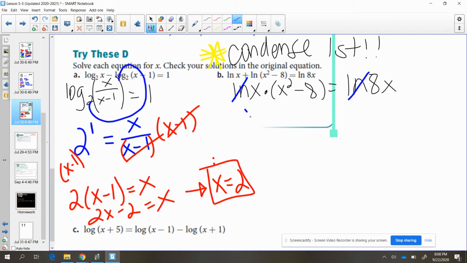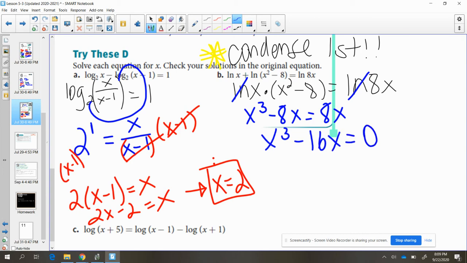So we have x to the third minus 8x equals 8x. And if we bring all of these x's over to one side, notice we end up with x cubed minus 16x equals 0.